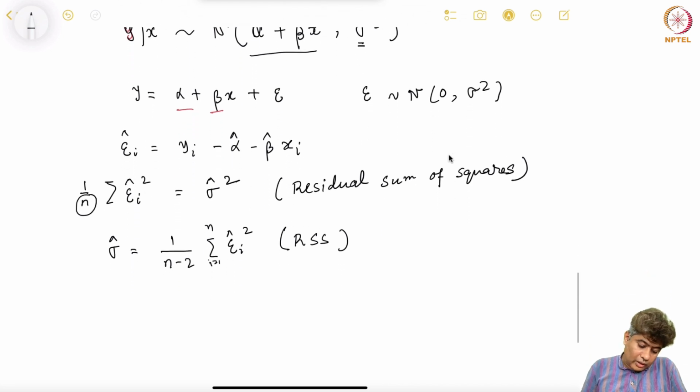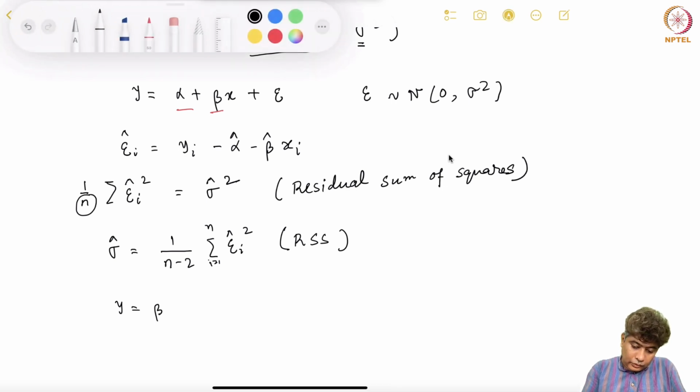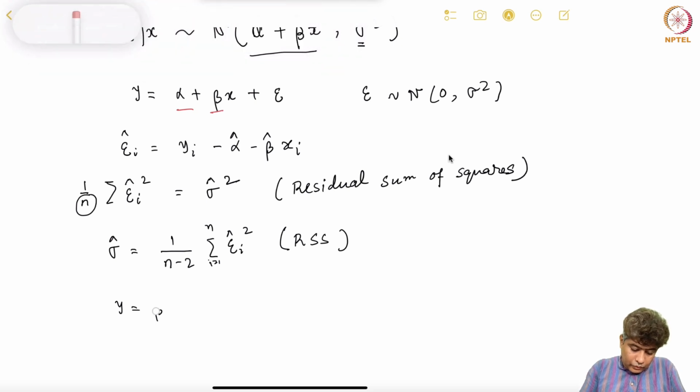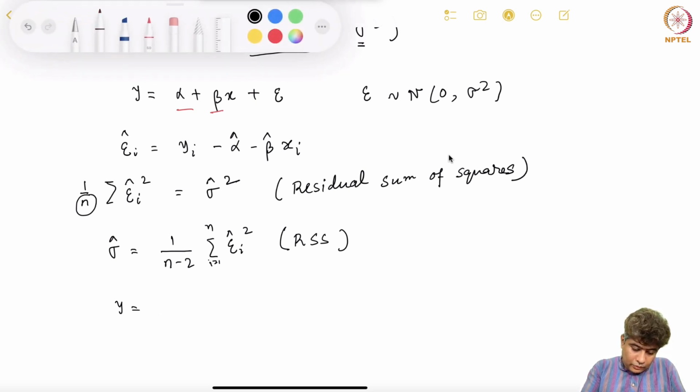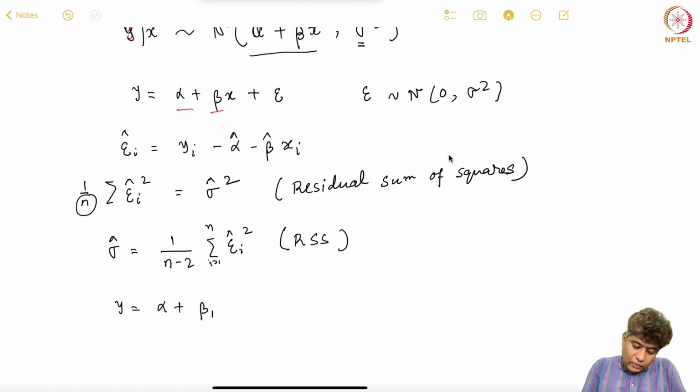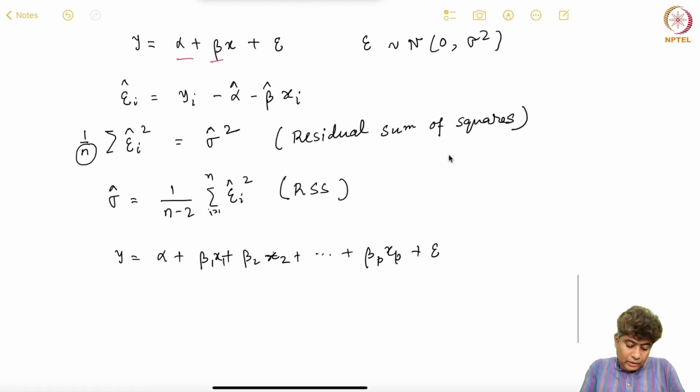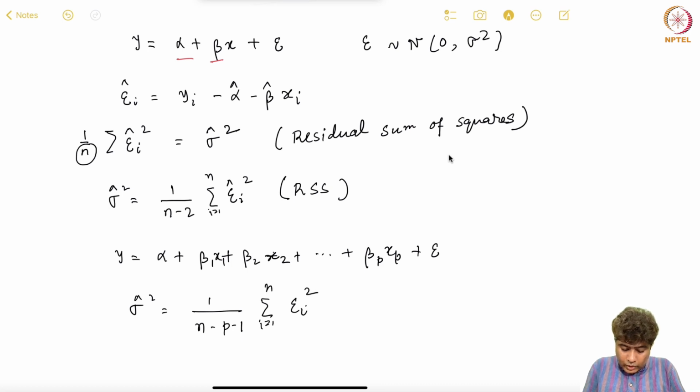And if you have a model which is alpha plus beta 1 x1 plus beta 2 x2 plus dot dot dot plus beta p xp plus epsilon, then your sigma hat square will be accordingly adjusted to 1 over n minus p minus 1 times the summation of epsilon i hat square, i equal to 1 to n.